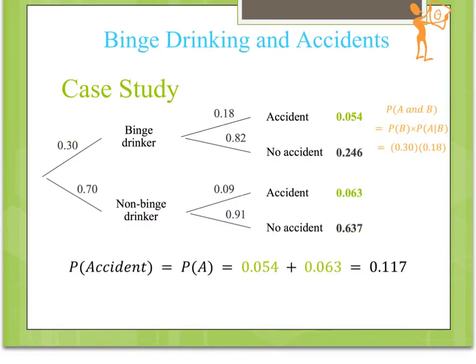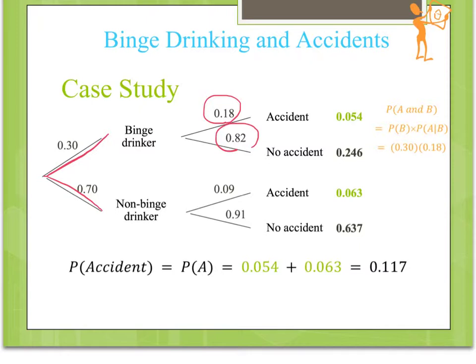So we put these things on the tree diagram. First, we have branches that go to binge drinker and non-binge drinker. 30% are binge drinkers, 70% are non-binge drinkers. If you're a binge drinker, 18% have had accidents and 82% have not.